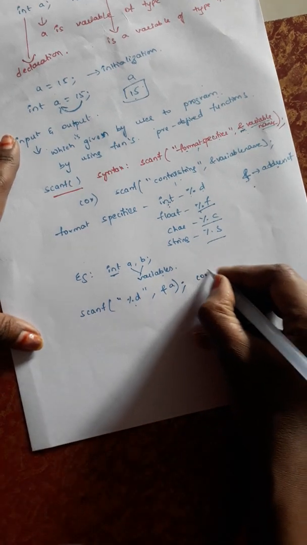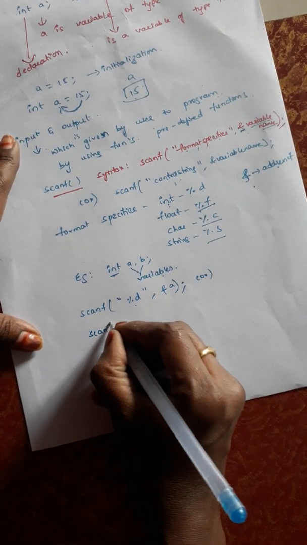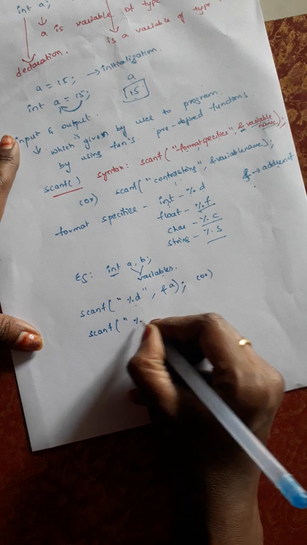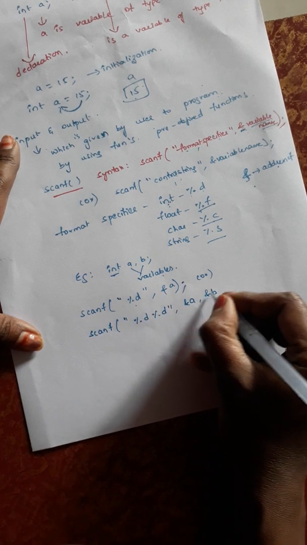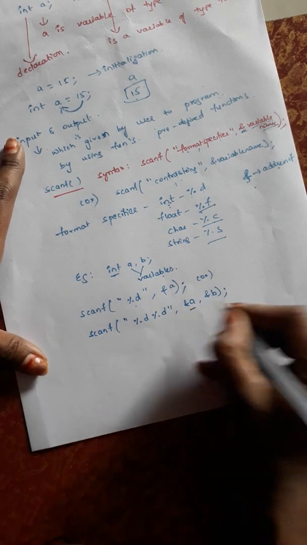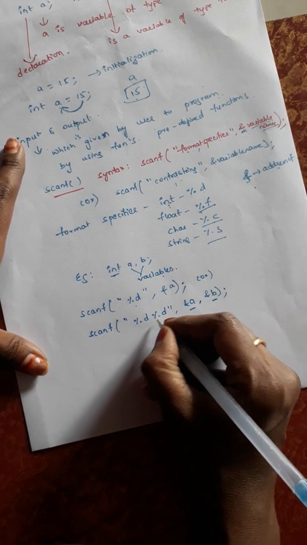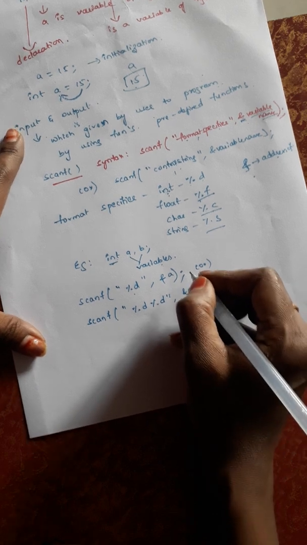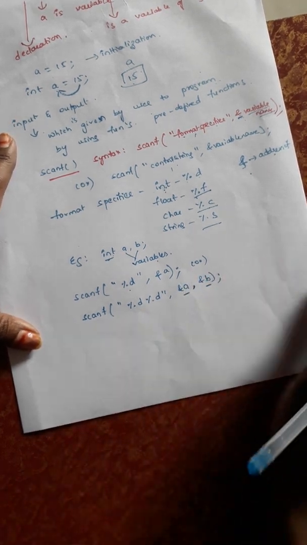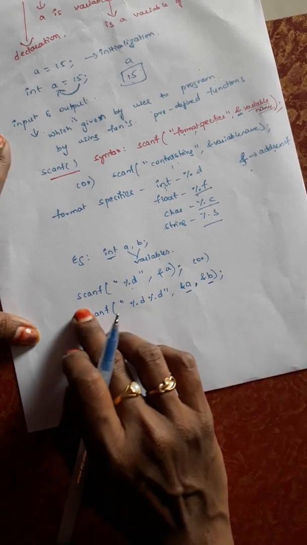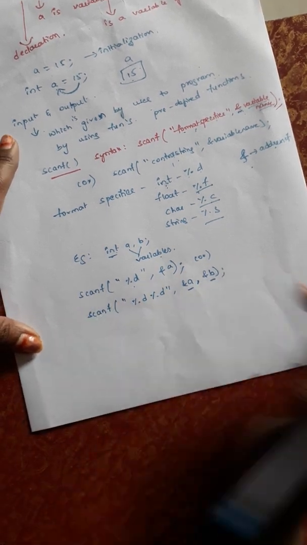To give multiple values, we write multiple of these: the first input and the second input, separated by a comma. The first variable and the second variable are separated by a comma. That is the syntax to give input by using the scanf function.